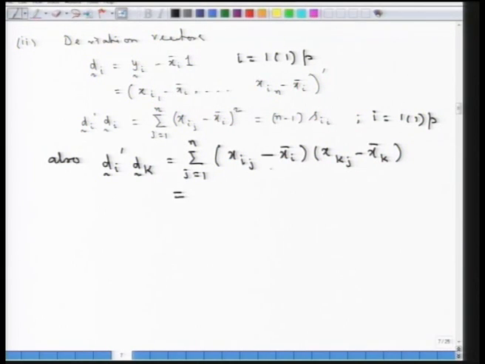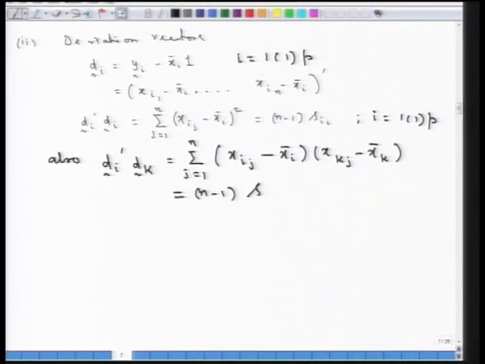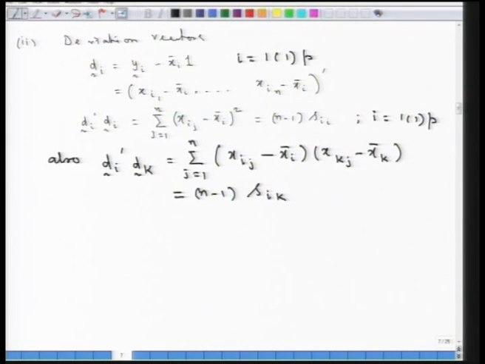This quantity, the cross product between the deviation vectors for the ith variable and the kth variable, is nothing but n minus 1 times S_ik, where S_ik is 1 upon n minus 1 of this product, which is the covariance between the ith and the kth variable.